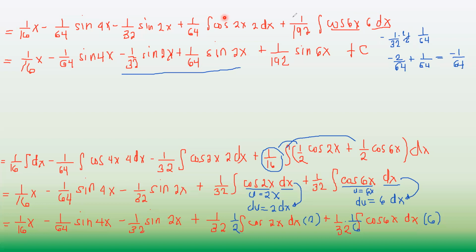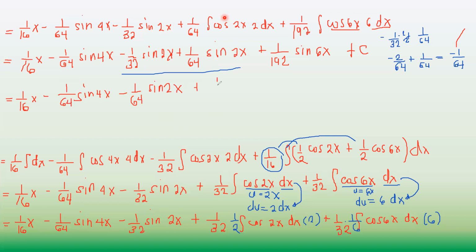Okay. Then for our final answer, we will have 1/16 of x minus 2 muna 1/64 sine 4x. Pag pinagsama to is, ayun, negative 1/64. Kaya minus 1/64 sine 2x naman siya.